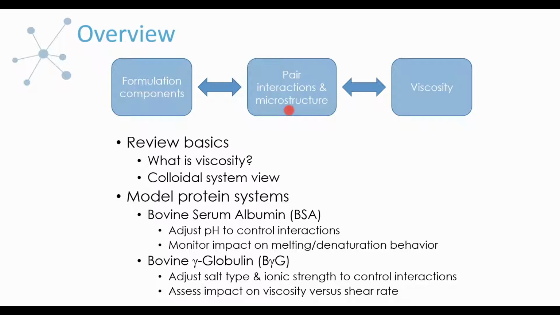I know this is actually slightly controversial when it comes to applying the colloidal view to proteins. I've seen a whole variety of comments in the literature, from it's total rubbish to no, my data and my analysis clearly illustrate that this colloidal model works for my protein system. So just ahead of time, I'd like to state that my stance on this is I'm kind of in the middle.